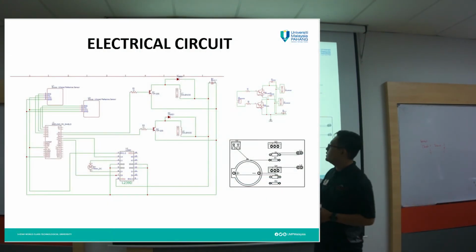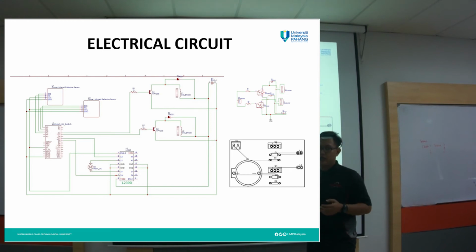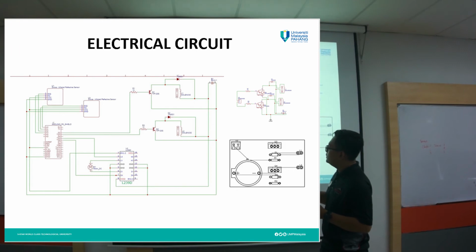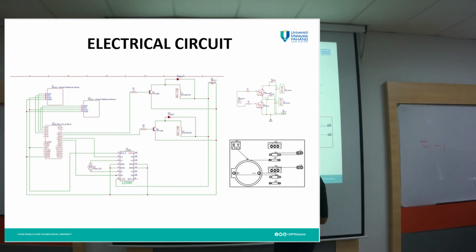And this is the electrical circuit of the prototype that we created. So this is mainly how we did it using the Arduino. In here is the controller. We use L293D, which is the controller for the motor.